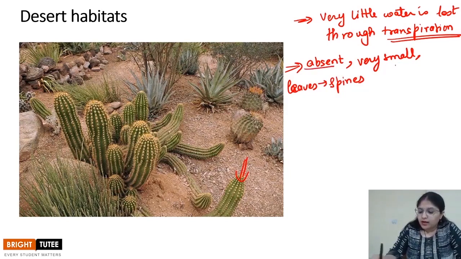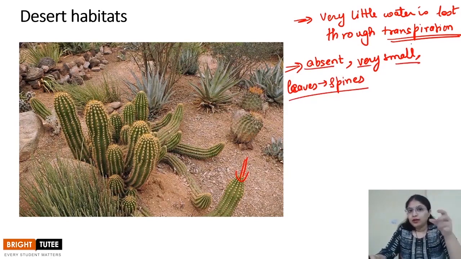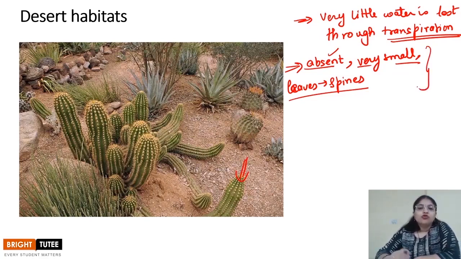So because of that, the transpiration does not take place. We know that transpiration specifically occurs from the leaf. So in the case of desert plant, to avoid this, the leaves are first of all absent, they are very small and they have been converted into spines, right? So this change, this particular adaptation helps them to reduce the loss of water through transpiration.